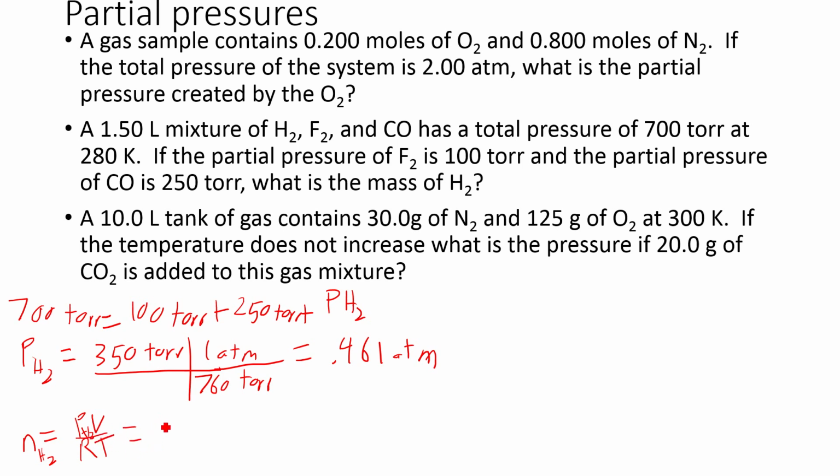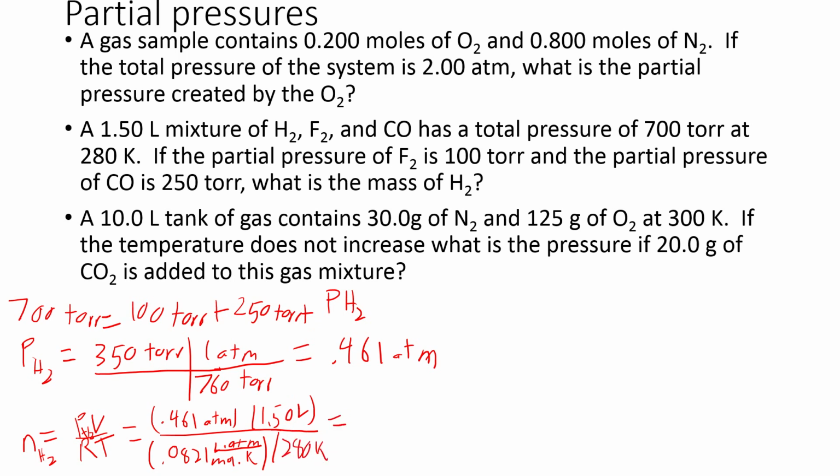But the pressure does. So we have 0.461 atmospheres times a volume of 1.50 liters. We then have an R of 0.0821 liters times atmospheres over moles times Kelvin. We then have a temperature of 280 Kelvin.